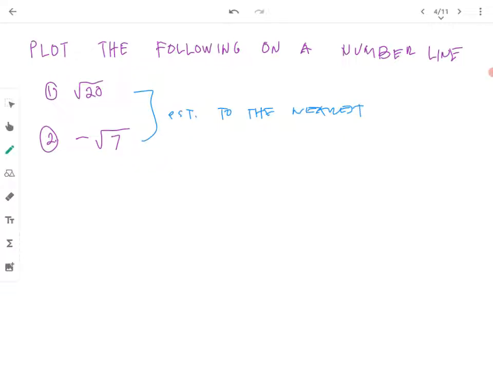So what we did before, we're going to use that so that we can locate these numbers approximately on the number line. Our strategy is to rewrite it in decimal form by estimating like what we did before, then use that decimal number to plot on the number line.